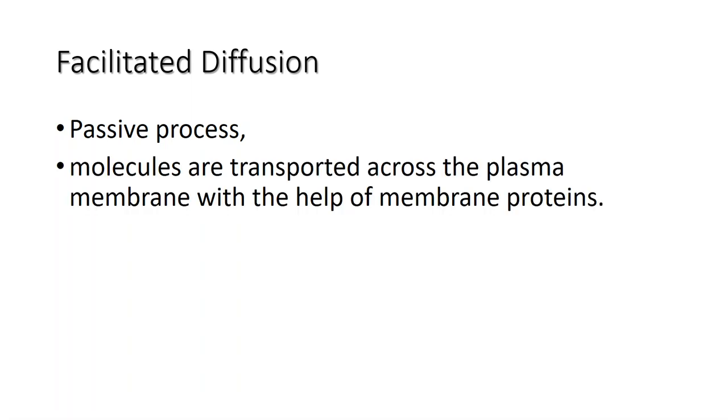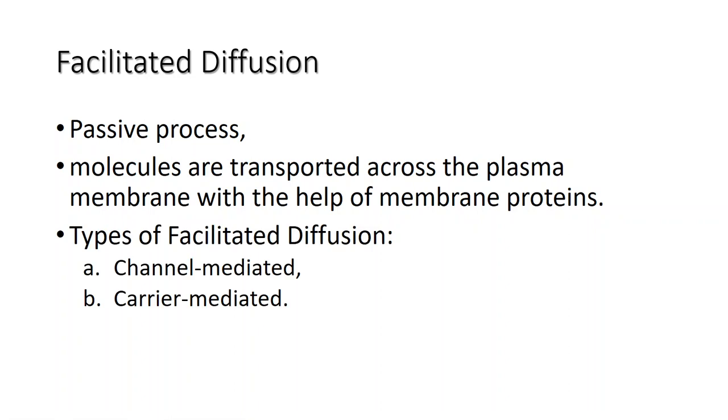Facilitated diffusion is a process by which molecules are transported across the plasma membrane with the help of membrane proteins. Facilitated diffusion has two varieties based on the type of transport proteins in use.